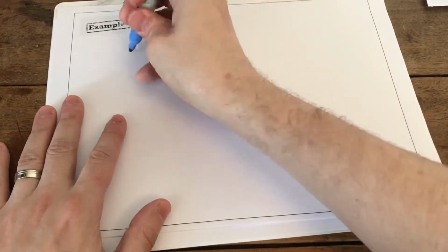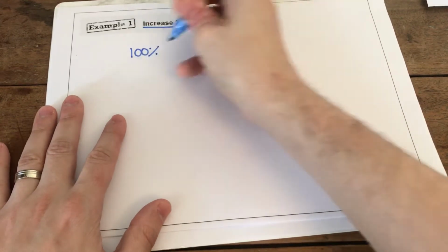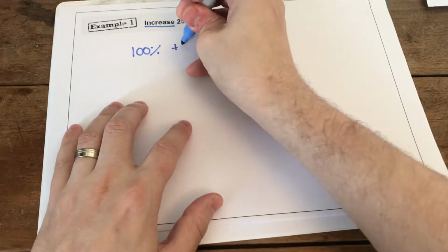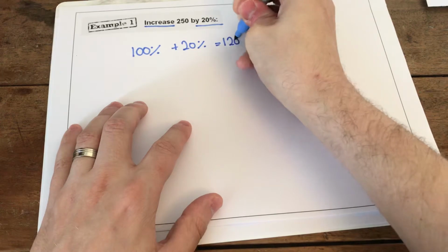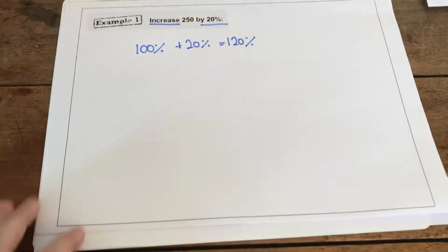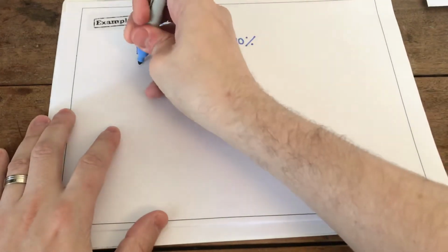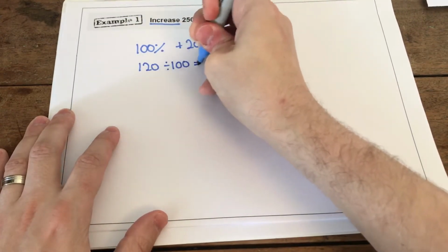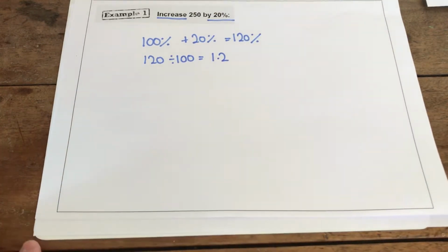So what you take is the percentage that you start with. In all problems, you start with 100%. We're going to add on our 20% to that. Our final answer will be 120% of our original amount. So to work this out, we turn this into a multiplier by dividing by 100, and that gives us 1.2.